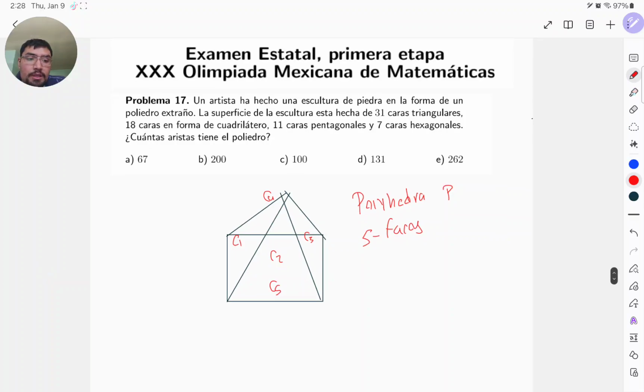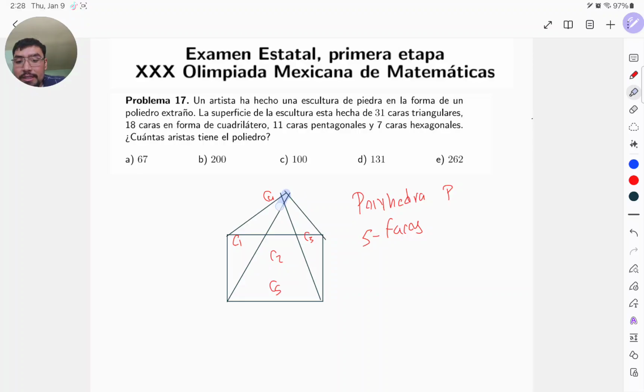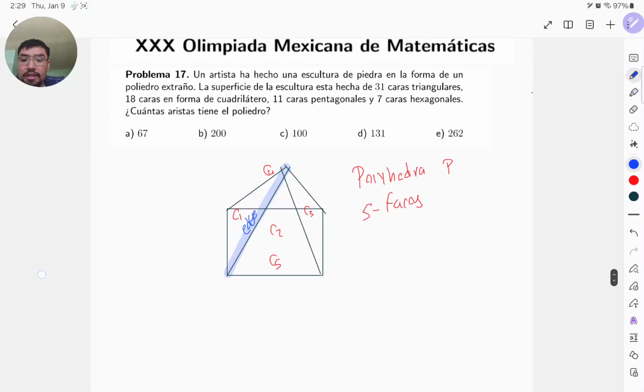Let us focus on one edge. For example, this edge. Notice that for each edge, there are exactly two faces that share this edge.